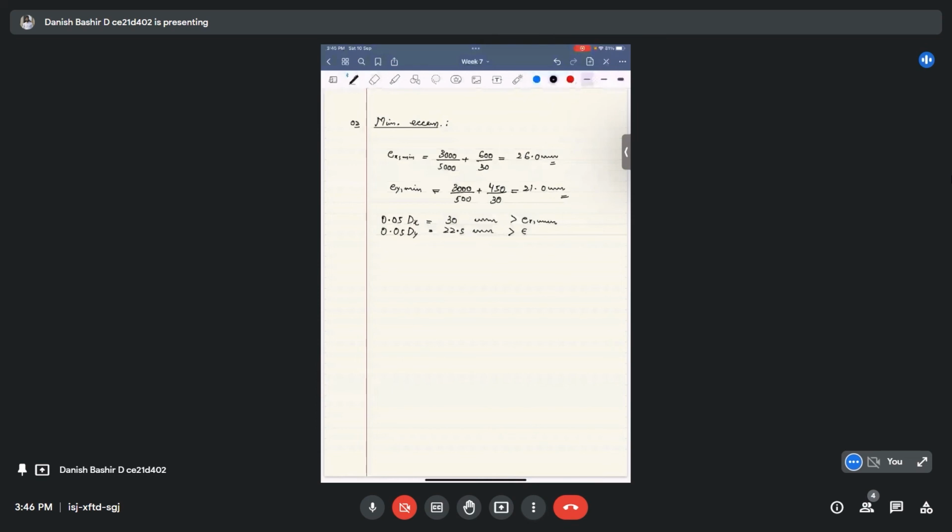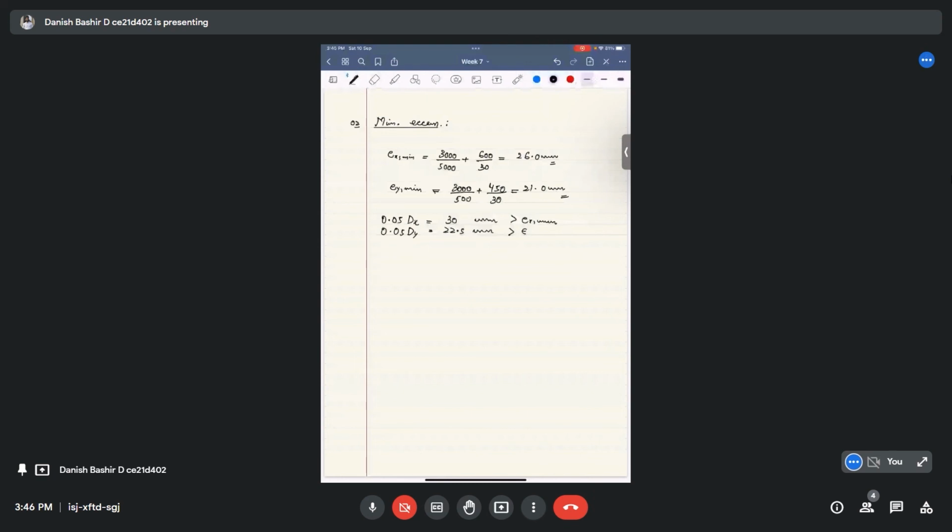The third step is to calculate the factored load. The load is given, but we have to calculate the factored load acting on our short column. The service load coming on our column was given as 2000 kilonewton. Multiplying by the partial load factor, we have Pu.